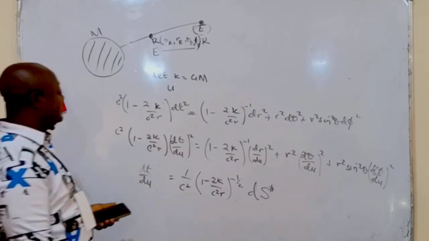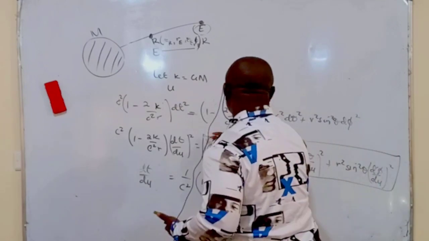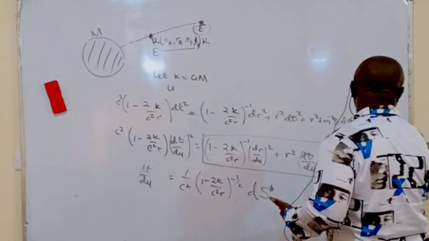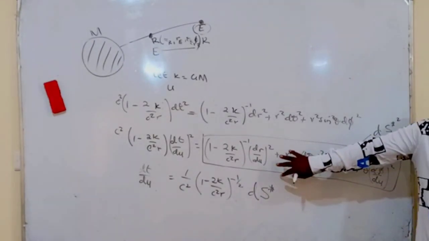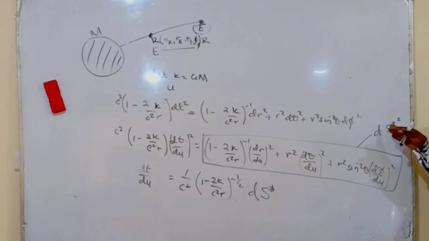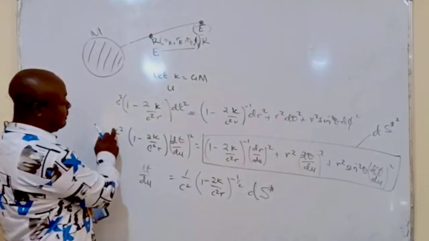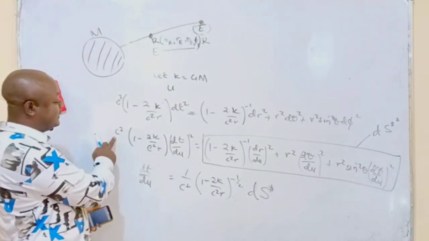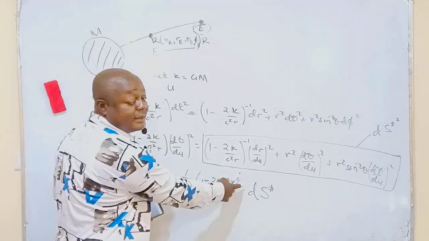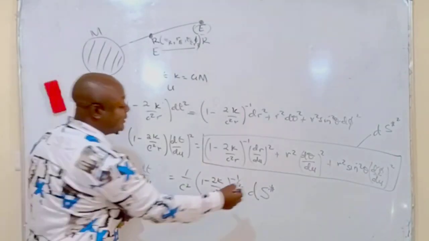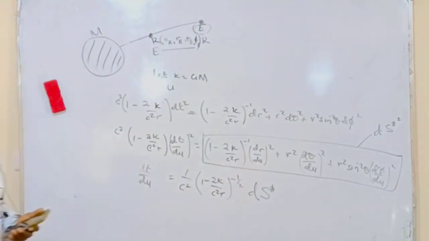So what has happened is that I have decided to call all of this on the right hand side ds squared. Then automatically I've divided both sides by c squared, and this one going to the other side will take a minus. And then when you take the square root, the square on this one will disappear and a half will be introduced here.